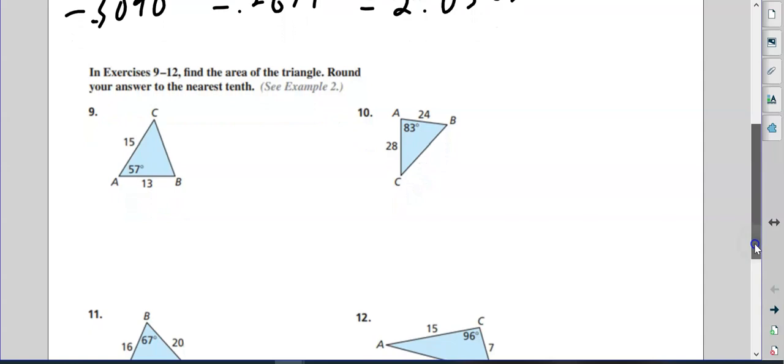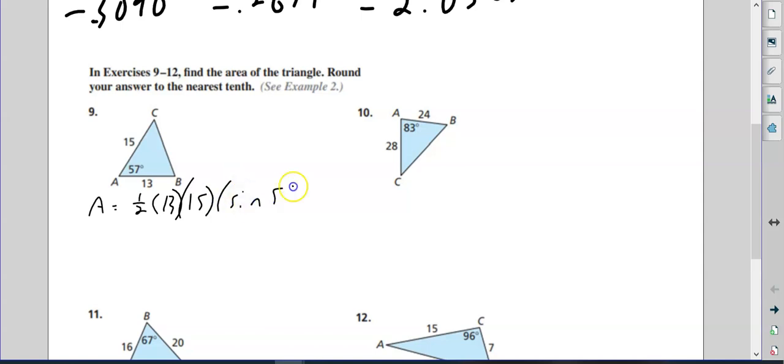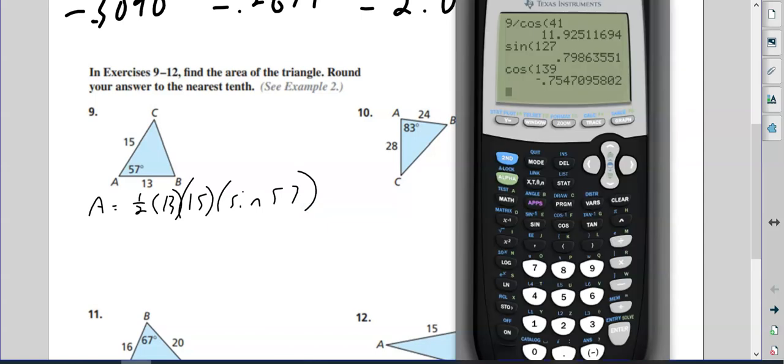All right. Find the area of the triangle. So the formula, remember, is area is 1/2 the two sides that make the angle 57. So 13 and 15 times the sine of that angle. So I'm not going to do all these, but this is how it looks.